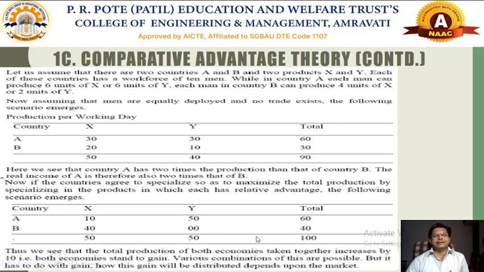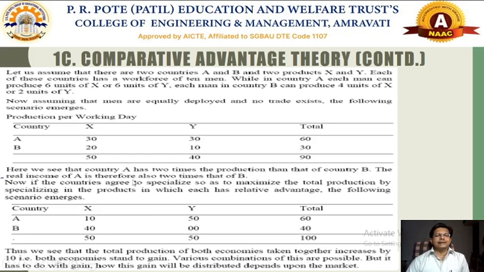Now let us see how there should be a comparative advantage for each nation. In this case we came to know that country A is producing 60 units and country B is producing 30 units.